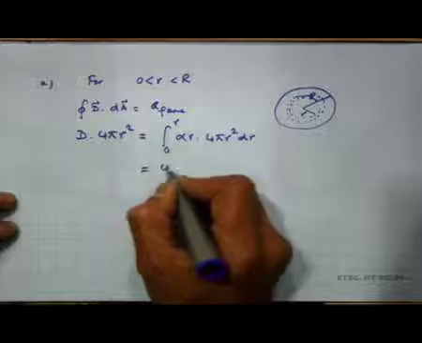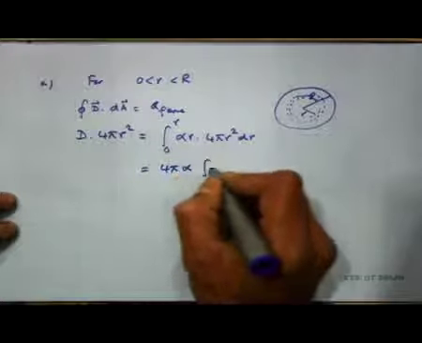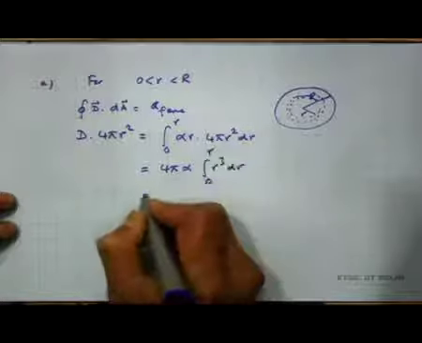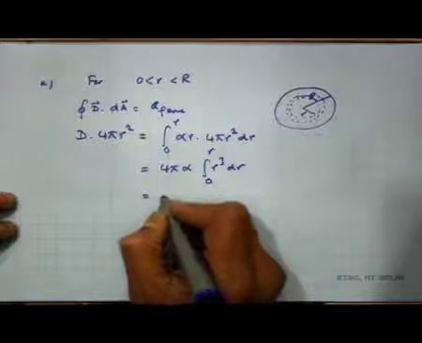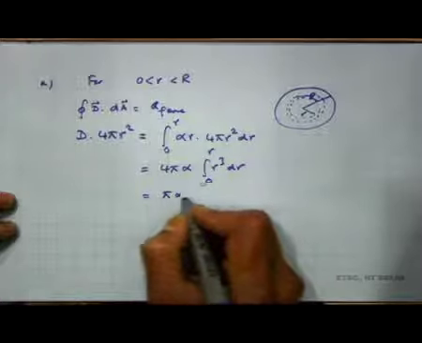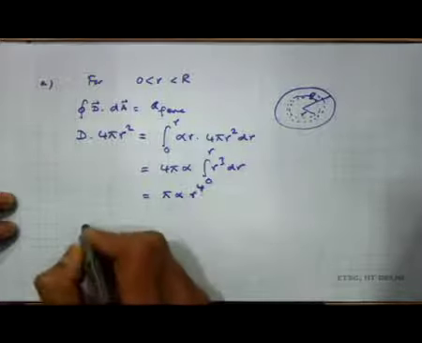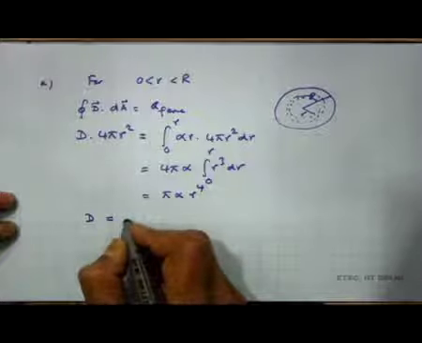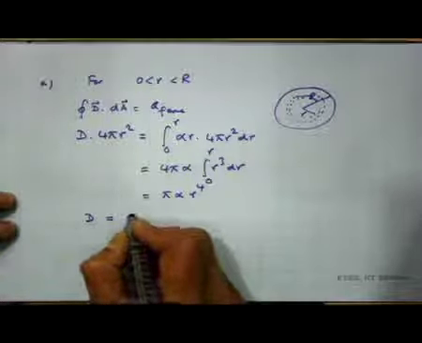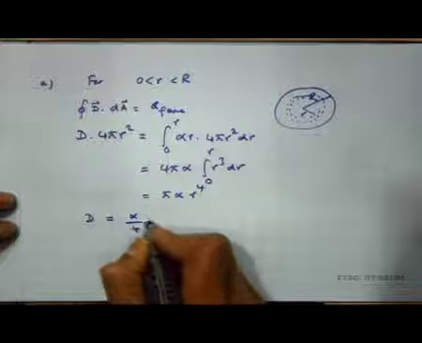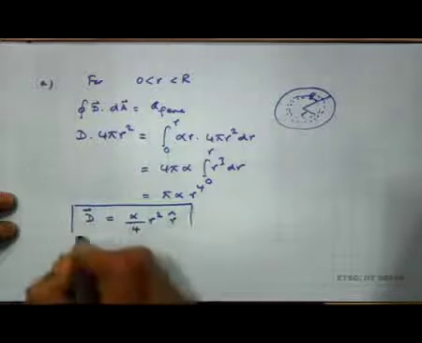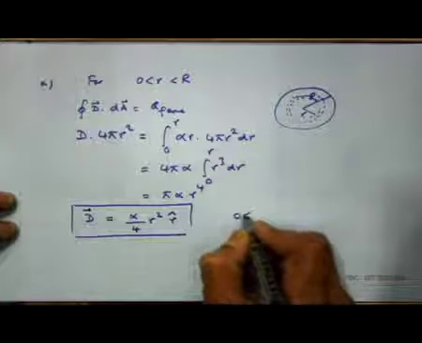This is nothing but 4 pi alpha integral r cubed dr from 0 to r, which is equal to pi alpha r to the power 4. So, the D vector is equal to alpha r squared by 4 times r cap. This is for 0 less than r less than R.